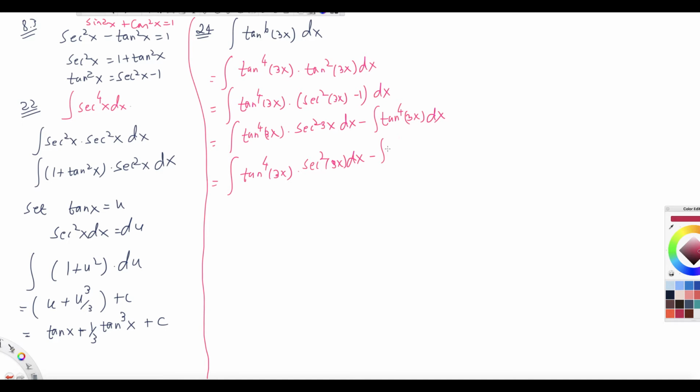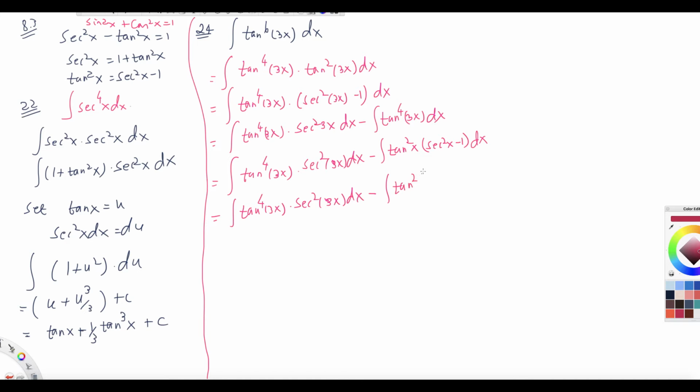So I want to write it like this: tangent square x times secant square x minus 1, and then there is dx. So how do you write this then? You can write this as tangent 4 3x times secant square 3x dx minus, so let us distribute that tangent square.